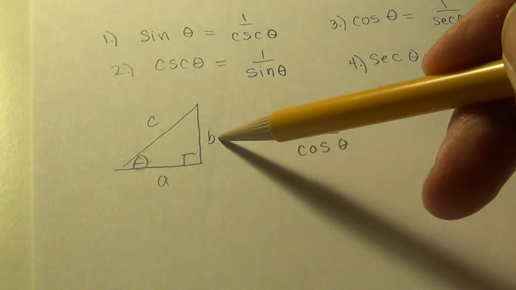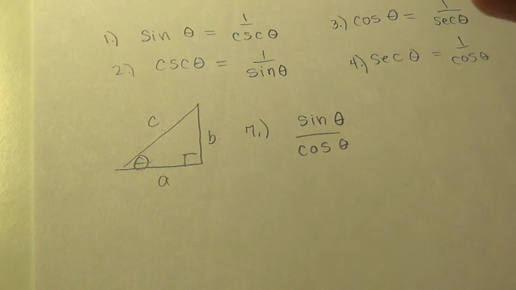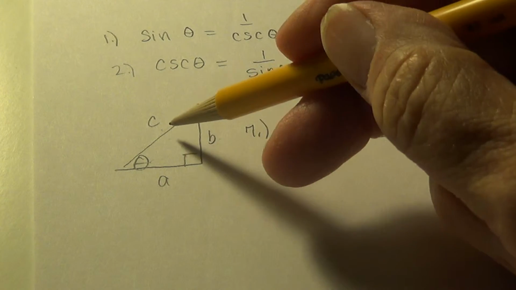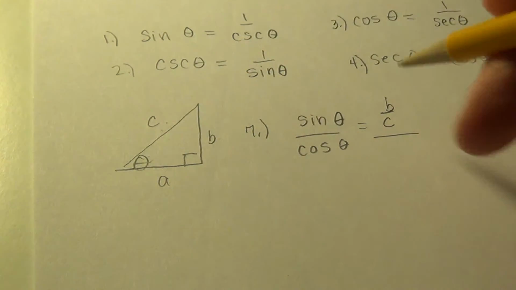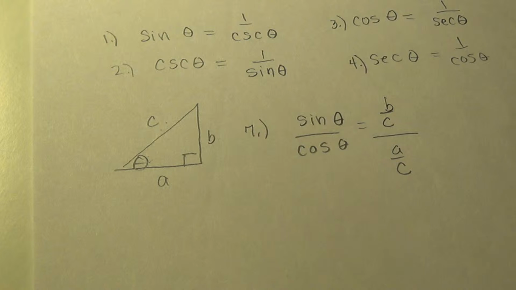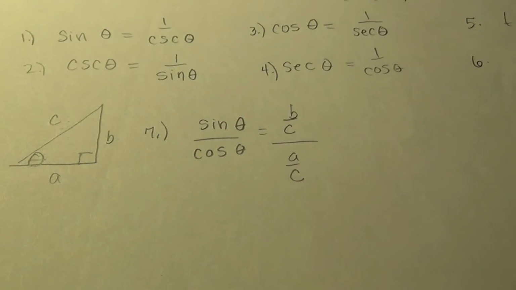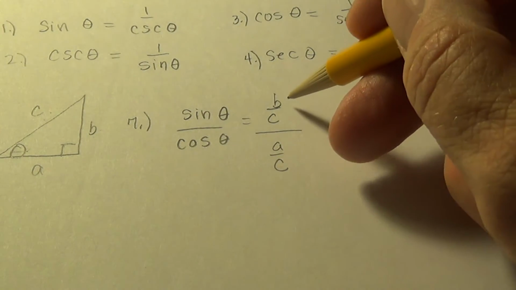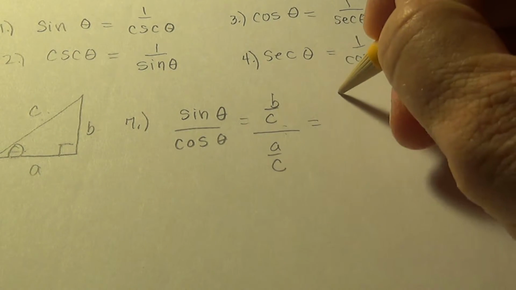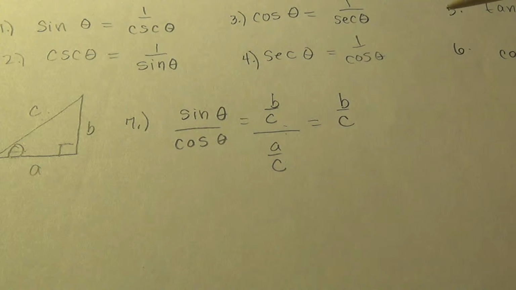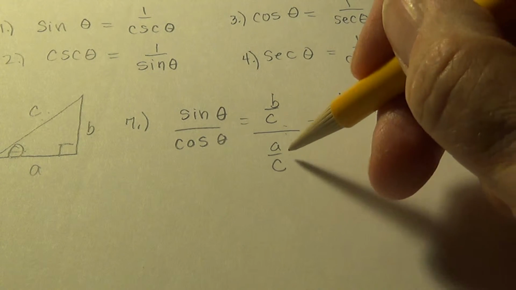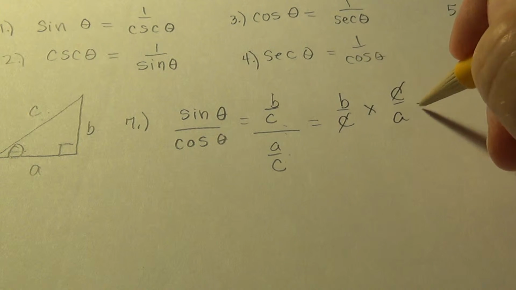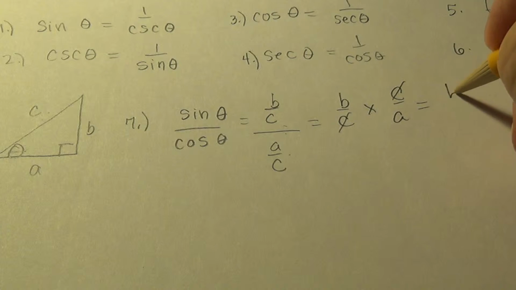So we have B for opposite and C for hypotenuse, so on the top we have B over C. And cosine, adjacent over hypotenuse, is A over C. When you have a fraction divided by a fraction, it's the same as taking the top fraction and multiplying by the reciprocal of the bottom. Now the C's cancel and we're left with B over A.